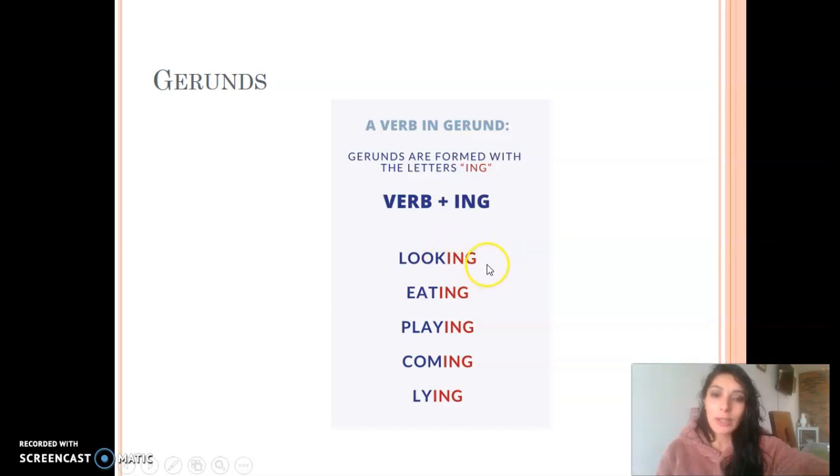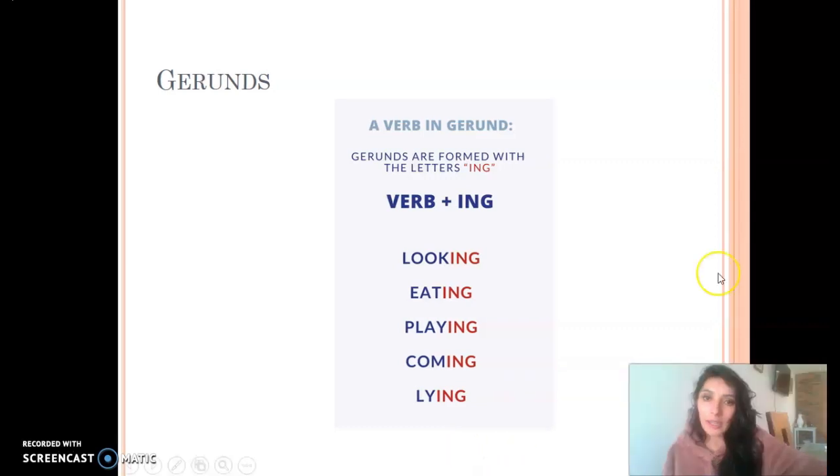We obtain as a result a gerund: look plus ing is looking, and this is a gerund form of the verb. It is the base form of the verb, and ing is the suffix that we add at the end. So we have as a result eating, playing, with the base in blue and ing in red.